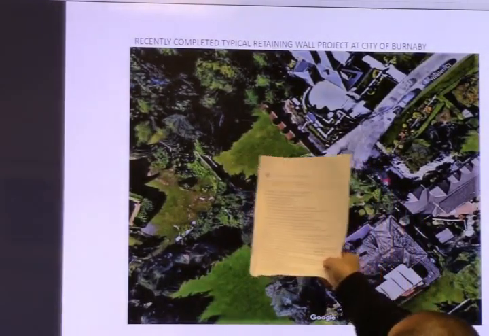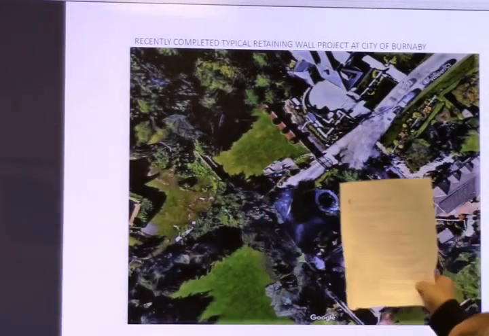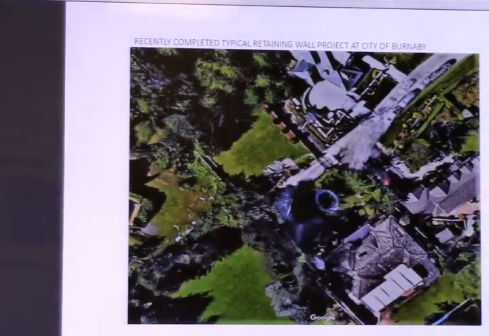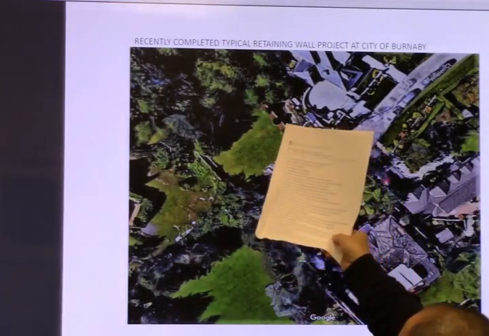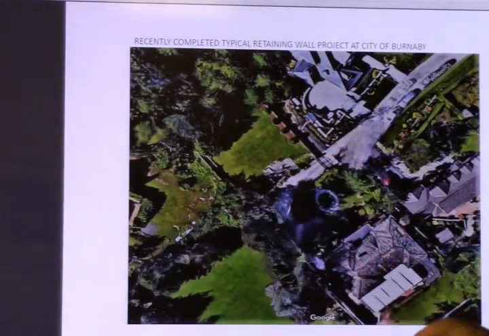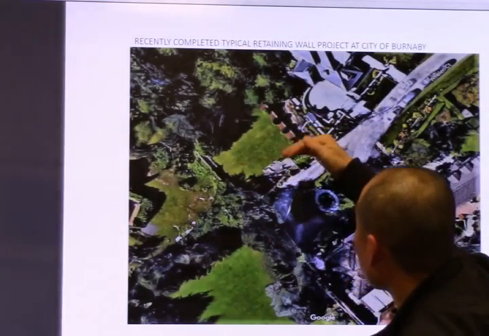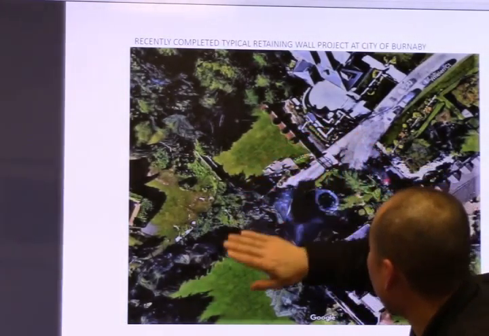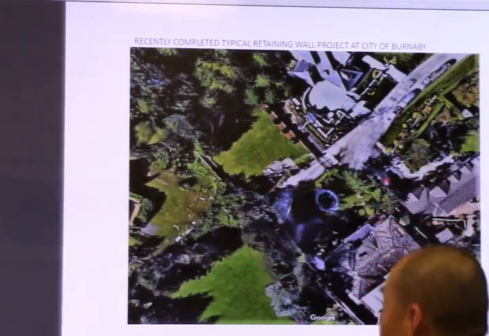This is a slope, very slow. This owner wants a flat site, so they need to build the retaining wall here, and the backfill will give the flat site.